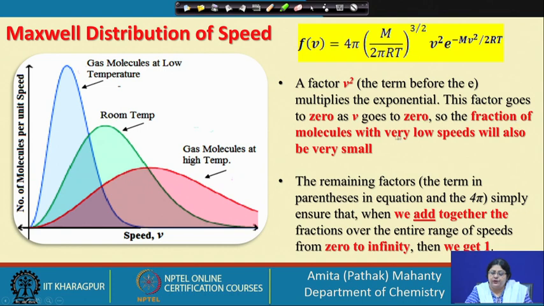So, the fraction of molecules with very low speed will also be very small. The remaining factor, the terms in the parenthesis with 4 pi and other things, simply ensures that when we add the fractions over the whole range of speed from 0 to infinity, we get a value equal to 1.